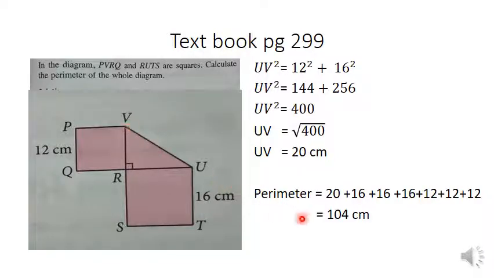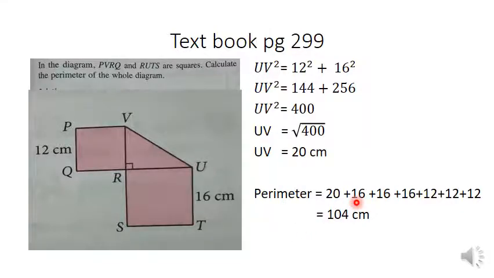Okay, now you find perimeter. If you want to find perimeter, you use plus. You add all the lengths of the sides. For example here, you write UV is 20. So 20 and then plus 16 this side. Plus 16.